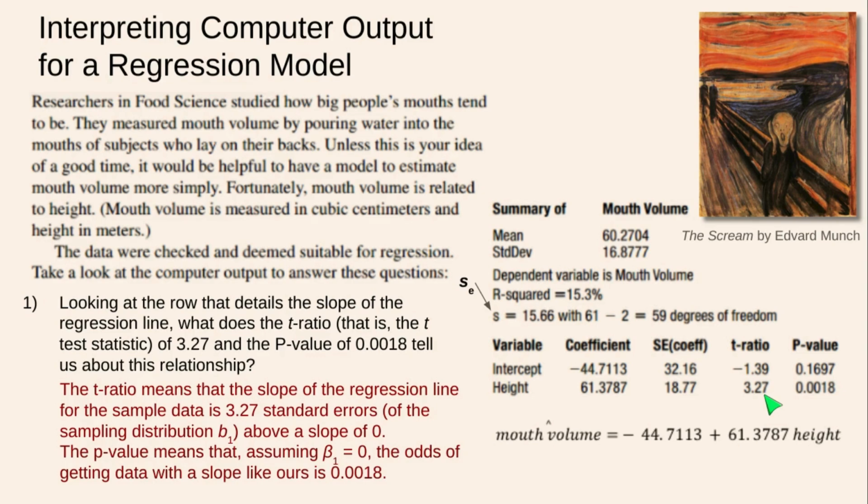The p-value means that assuming beta 1 equals 0, that is the null hypothesis for inference involving the slope of the regression line, the odds of getting data with a slope like ours is 0.0018. So if there is actually no relationship between the variables height and mouth volume, the odds of getting a regression line with a slope like ours is very, very small.